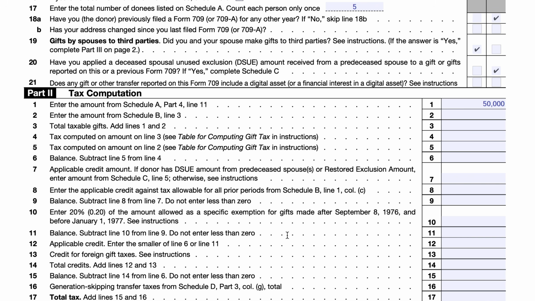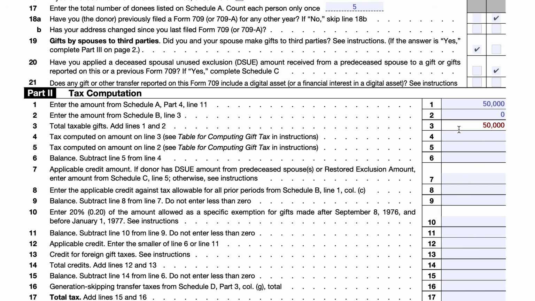We can get a lot more complex in computing the gift tax, but suffice it to say, we would take the entire total amount and then take the amount that has already been previously applied, and then our applicable credits and our applicable taxes would be the difference between them. Since we didn't complete Schedule B, we're going to leave that as 0. And so our total taxable gifts is $50,000.